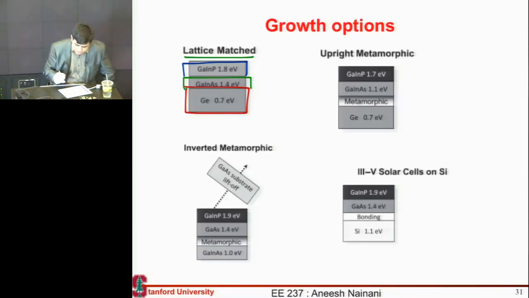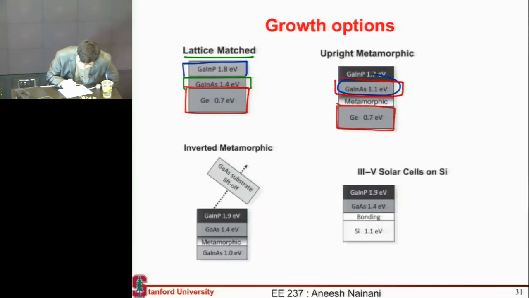So the other option is to use a system which has slight lattice mismatch, right? So I start with maybe still germanium, but I'll grow another material system, let's say indium gallium arsenide, which has a slightly larger lattice constant as compared to germanium. The problem with that is that you get defects, okay? And you get defects while you're growing these material systems.